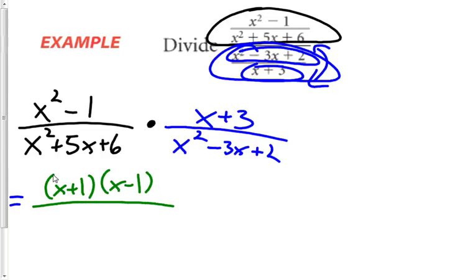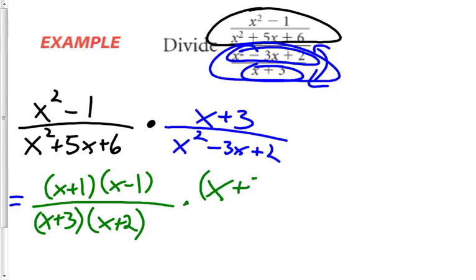This is being divided by x plus 3 times x plus 2. X plus 3 is already in factored form, and that is divided by x minus 2 multiplied by x minus 1.